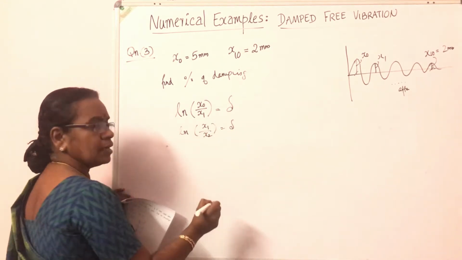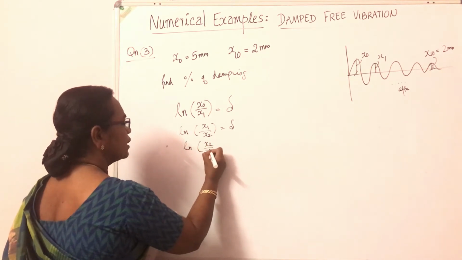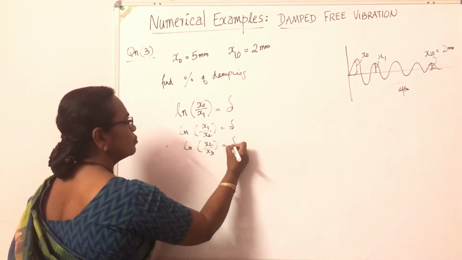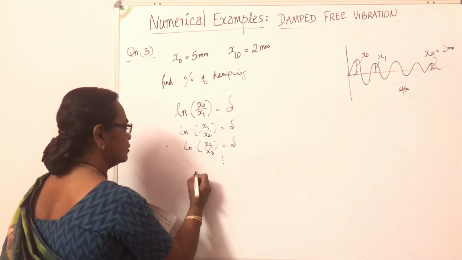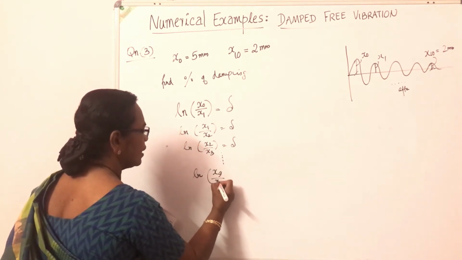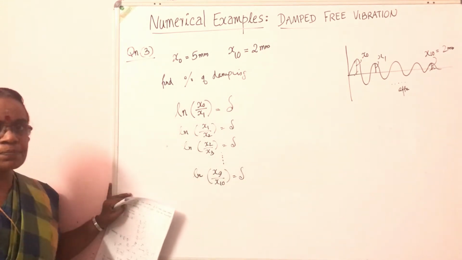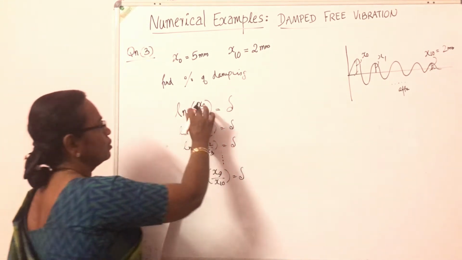That is also delta. The natural logarithm of x2 by x3 is also delta. If I continue like this, the natural logarithm of x9 by x10 is also delta. So you multiply all these together.